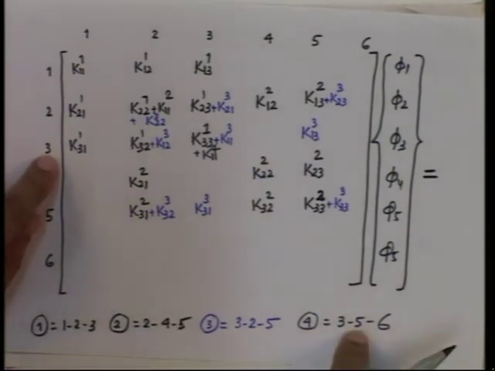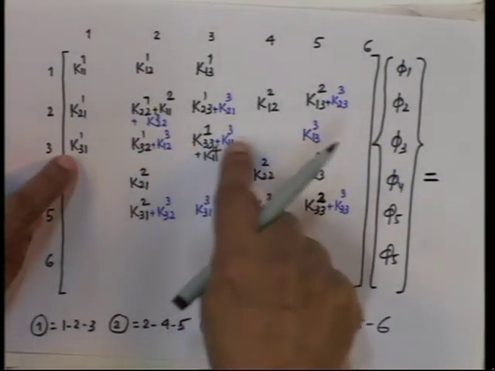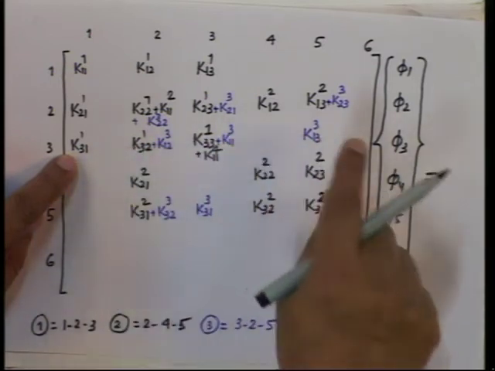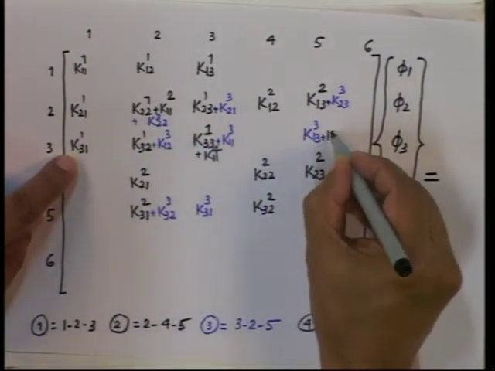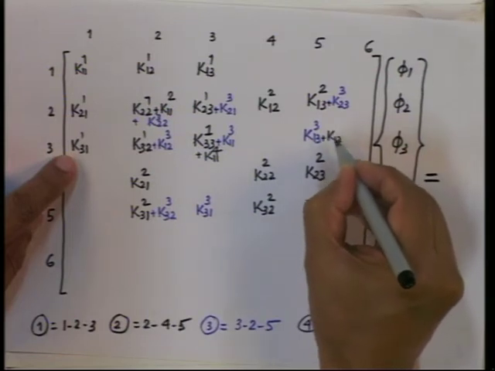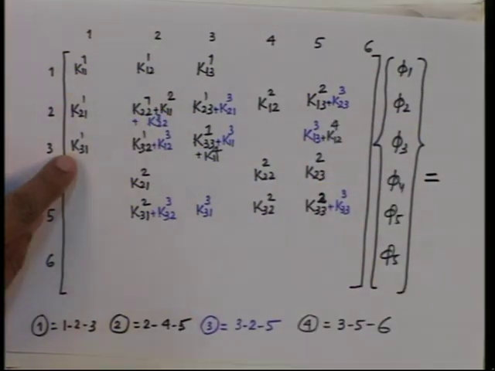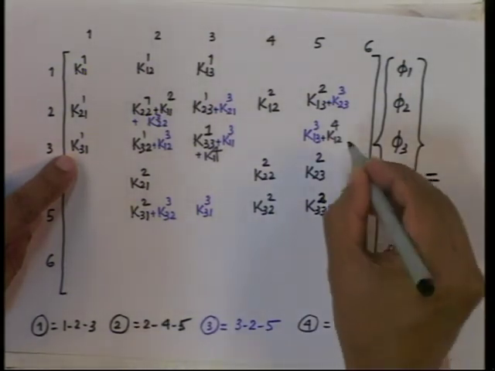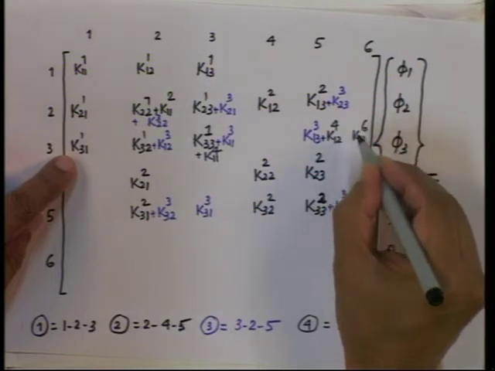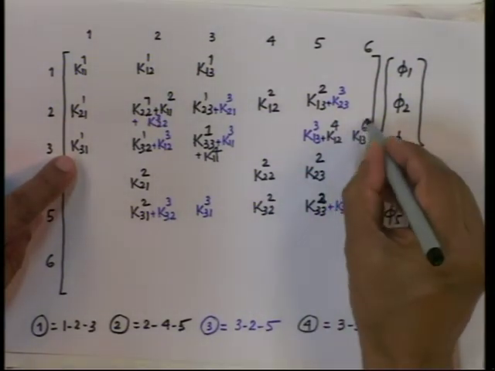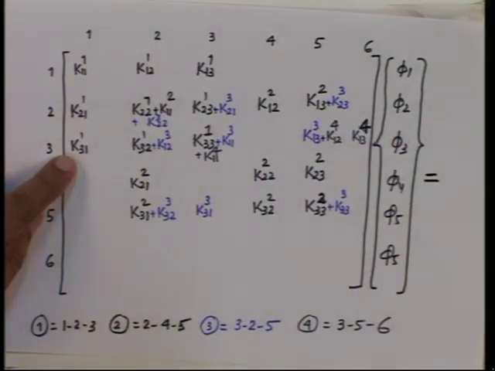Then 3 5. Move on the same row. You stay on the same row. 5. So, it will be k 1 2 4 and 6 is the same row. So, it is k 1 3 4. Okay.